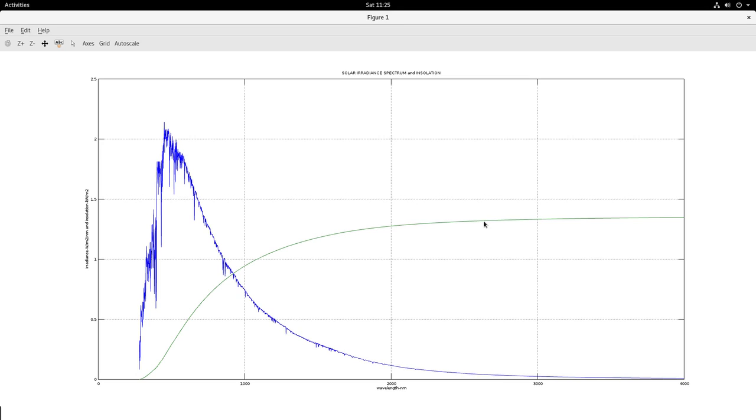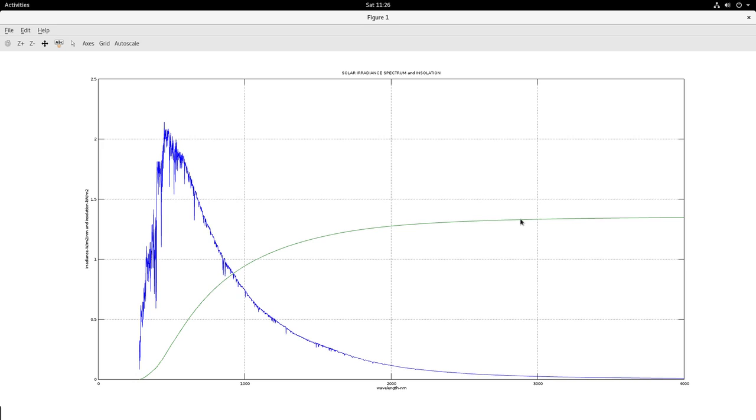For example, if it is at night, the insolation value would be 0 and it would be at a maximum value probably at noon. The insolation value would probably be pretty low at around 6 o'clock in the morning and gradually increase to a peak at noon and then further decrease again to 0 by dusk.